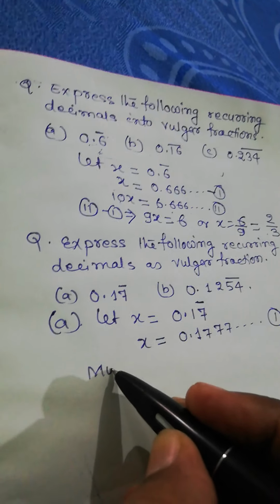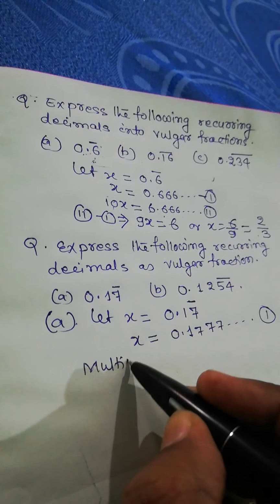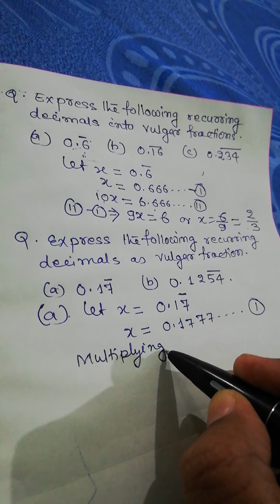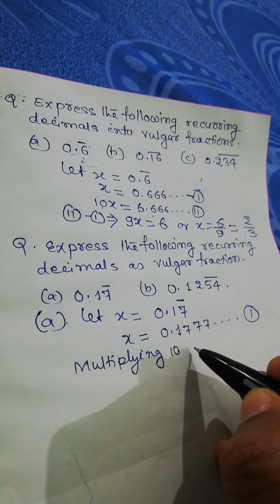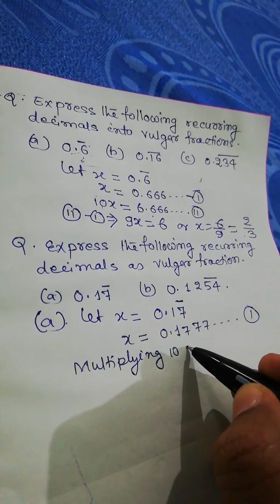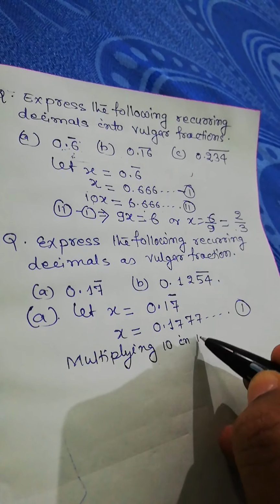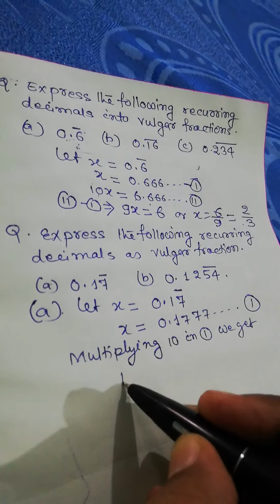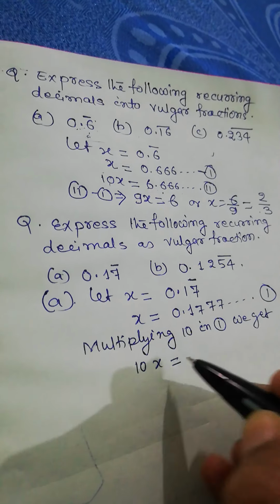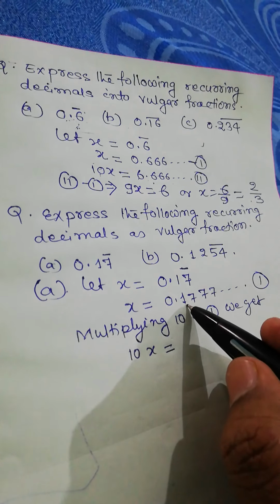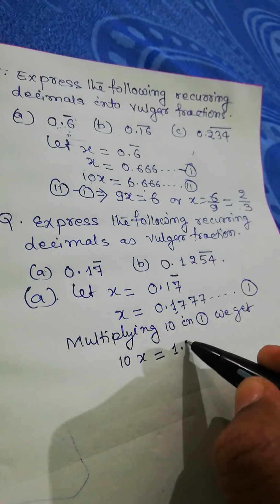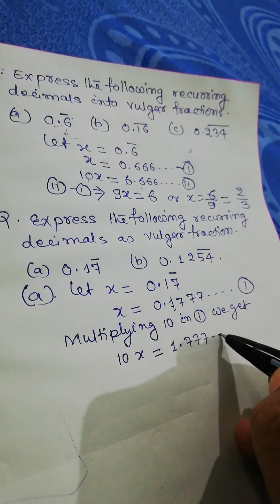Multiplying by 10, we get 10x equal to 1.777 dot dot dot, since one digit is shifted this side.